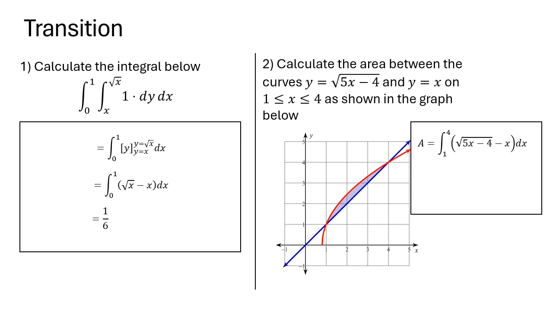Something I want you to note is the similarity between what we have here and what we have there. Because, as it turns out, this integral right here is actually finding the area between the curves x and square root x from 0 to 1.